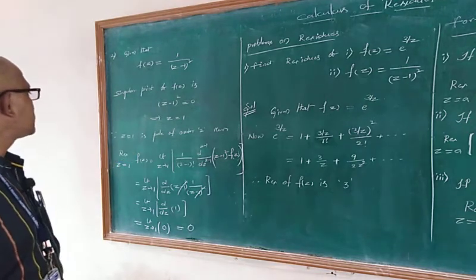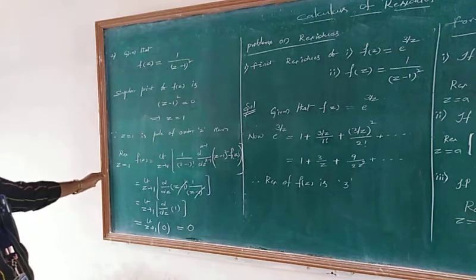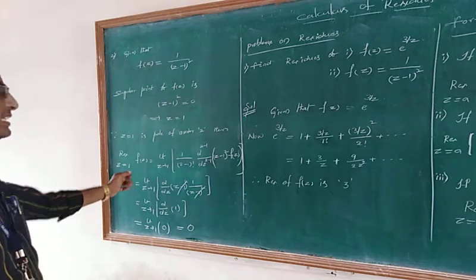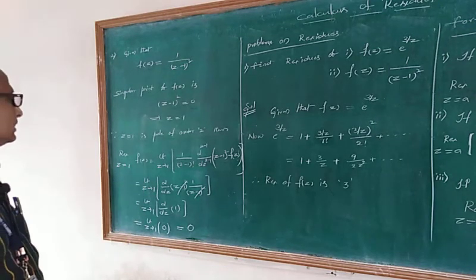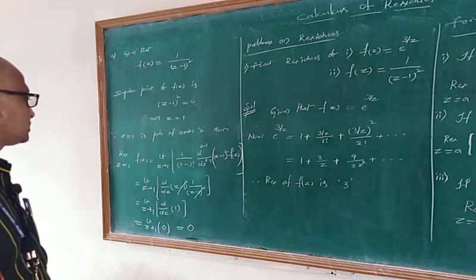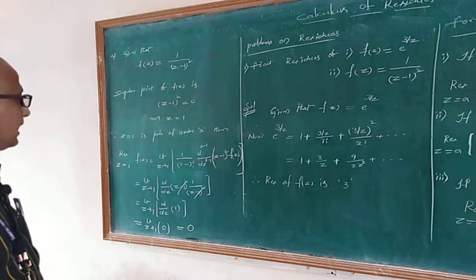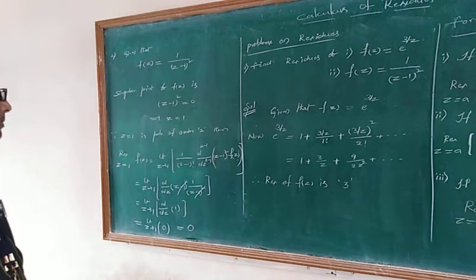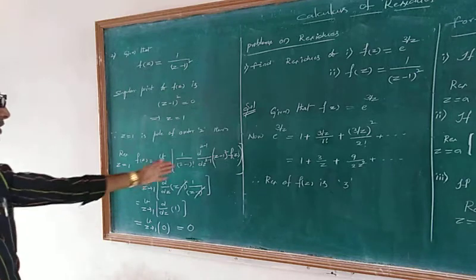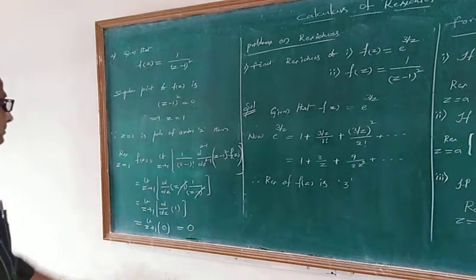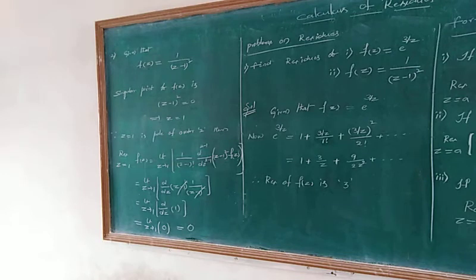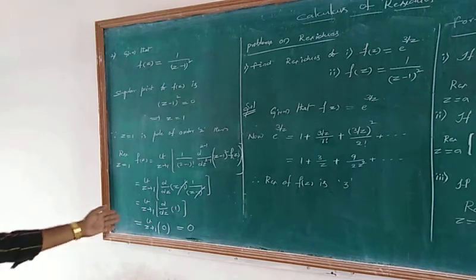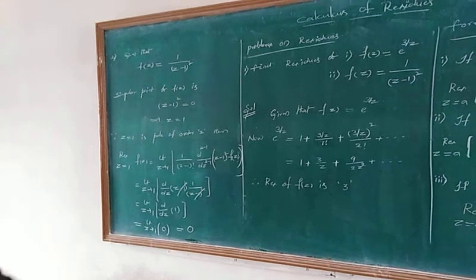Since z = 1 is a pole of order 2, residue at z = 1 of f(z) = limit z tends to 1 of 1/(2 − 1)! × d^(2−1)/dz^(2−1) [(z − 1)² f(z)]. Substituting f(z), we get limit z tends to 1 of d/dz [(z − 1)² × 1/(z − 1)²] = limit z tends to 1 of d/dz (1) = limit z tends to 1 of derivative of constant = 0. So the residue is 0.